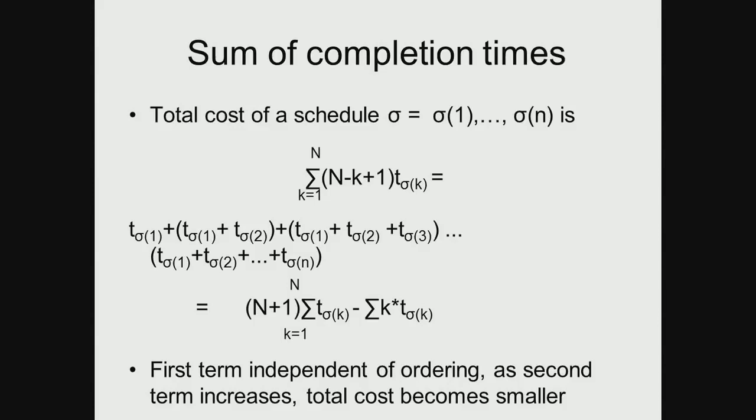Observe that this sum of completion times is indeed valid for every schedule sigma. This is a very important thing. So, what we have done in this slide is to write down a closed form expression for the sum of completion times for an arbitrary schedule which we have called sigma, and then we have observed that this sum of completion times can be viewed as two summations, one that is independent of the schedule itself and the second one which is dependent on the schedule.